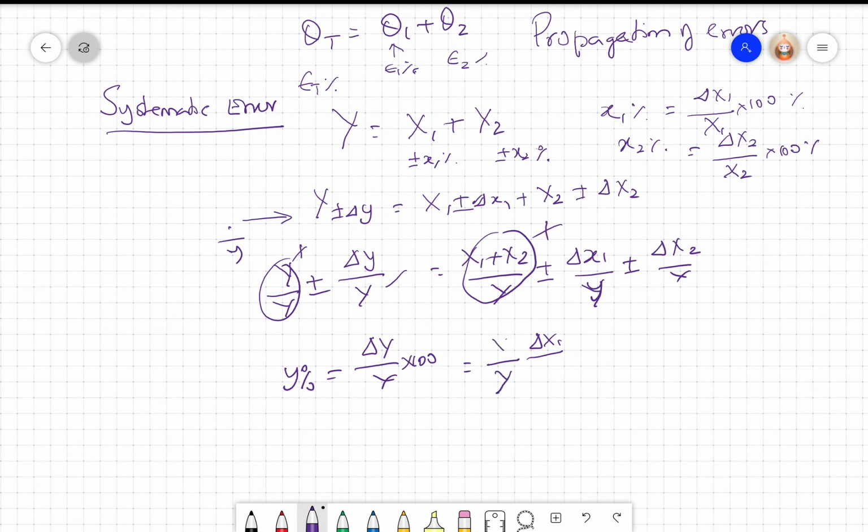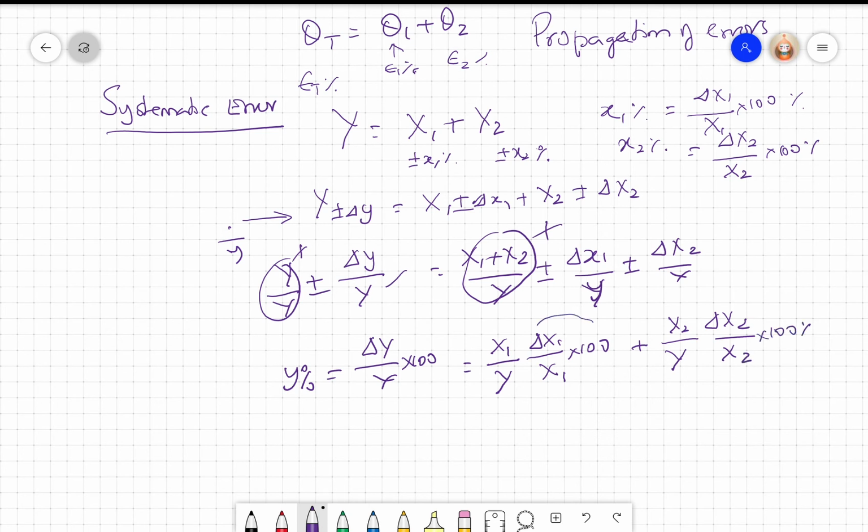So I am putting x1 in the numerator, x1 in the denominator, and multiplying by 100. Please remember I have multiplied the left hand side by 100, so the right hand side also. Similarly, I can put divided by y delta x2. Here I am going to put in the numerator x2, denominator x2 into 100%.